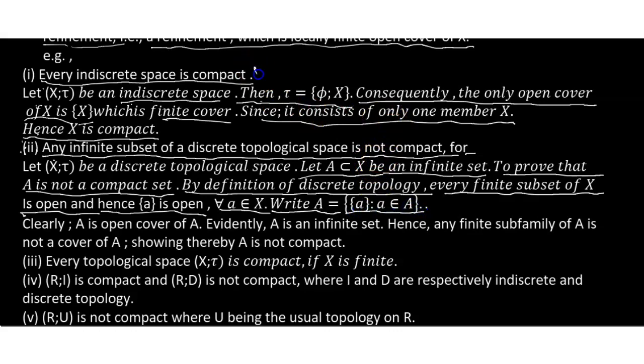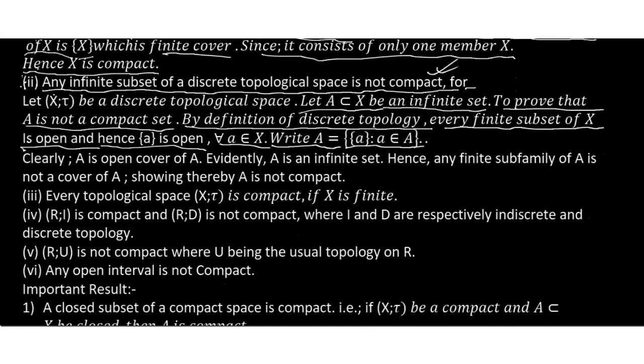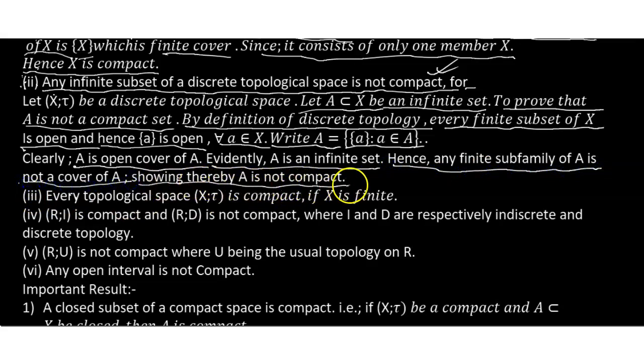You must remember that every indiscrete space is compact and any infinite subset of a discrete topological space is not compact. This kind of question is asked in CSIR NET and GATE, and other universities ask it as a very short note. So clearly the singletons form an open cover of A. Evidently A is an infinite set and hence any finite subfamily is not a cover of A, showing thereby that A is not compact.